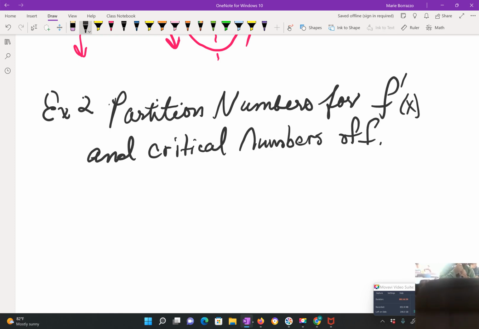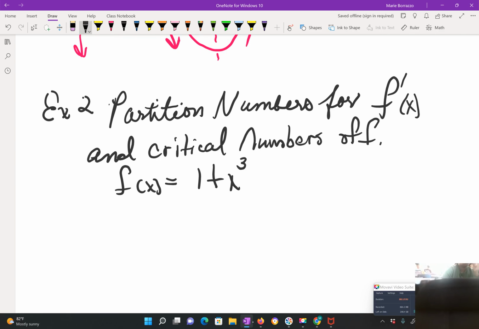That's what example 2 is dealing with. The first thing they want to find are the critical numbers of f, the intervals on which f is increasing and those on which f is decreasing, for the function f of x equals 1 plus x cubed.